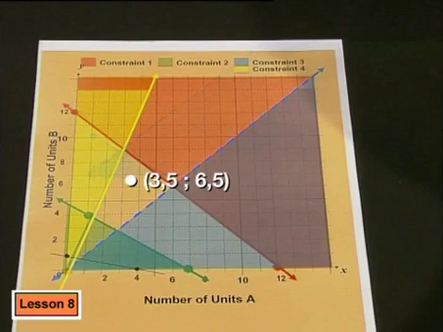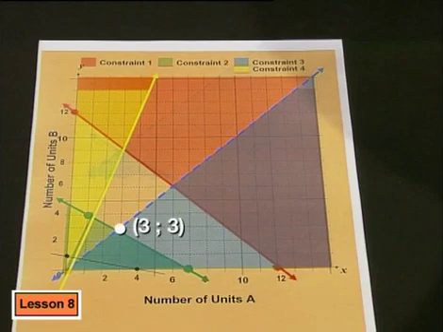Although it's in the feasible region, this point is not acceptable because it doesn't have a whole number value. Let's carry on. Here we have the first point, 3, 3, but it lies on the dotted line. This means that it's not actually in the feasible region, and so it isn't a possible solution.